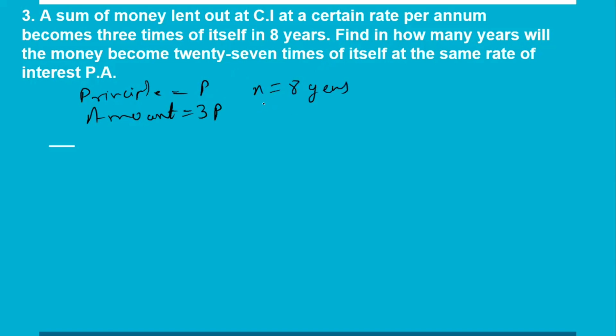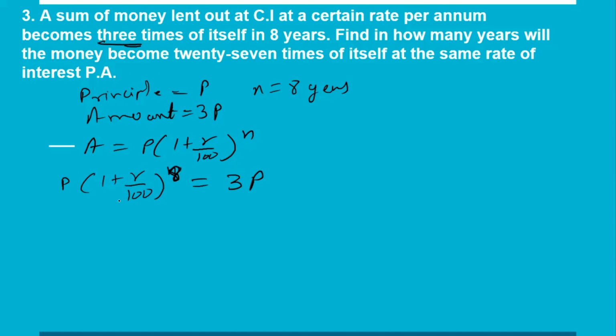And at a certain rate percent per annum. So you don't know what is the rate percent per annum, so we are going to put that as R only. So we have the formula A is equal to P(1 + R/100)^N. So P(1 + R/100)^N is equal to, instead of A, I can write 3P because it amounts to 3 times in 8 years, and raised to 8.